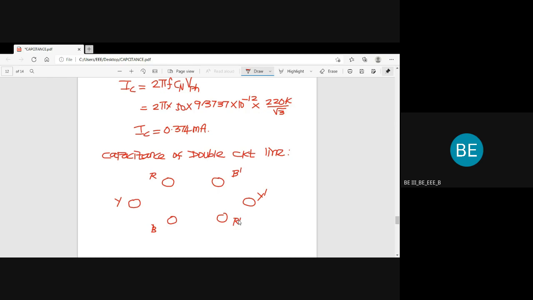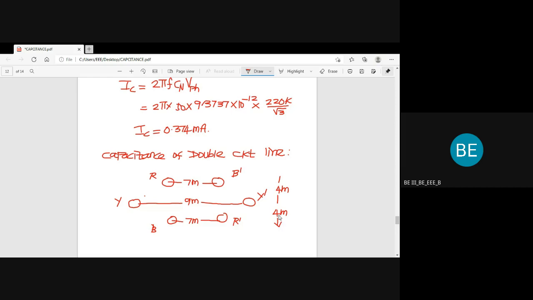The distances will be 7 meter, 9 meter and 7 meter. And this distance will be 4 meter and 4 meter.